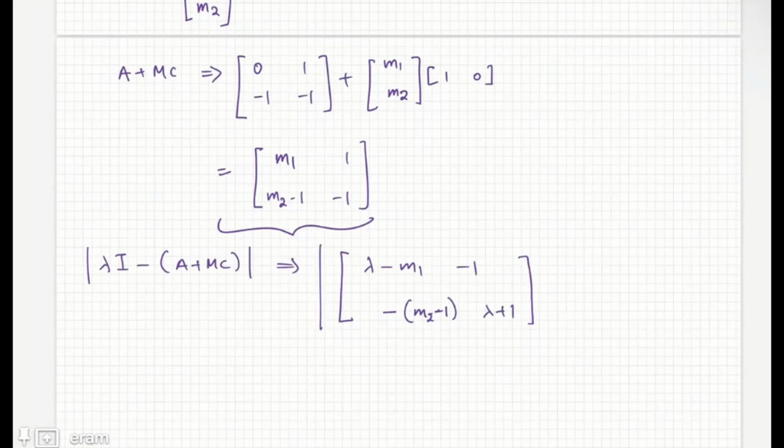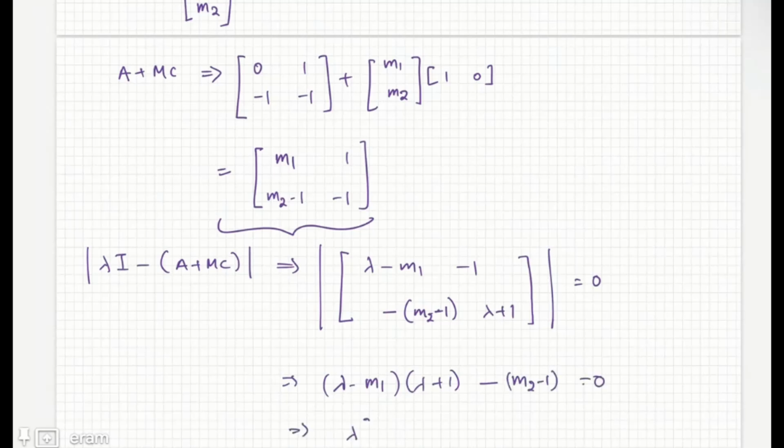So that means we have the characteristic equation (lambda minus m1)(lambda plus 1) minus (m2 minus 1) equals 0. So we have lambda square, and then lambda terms we can combine, so that will be plus lambda times (1 minus m1), and then the constant terms are minus m1 minus m2 plus 1 equals 0.